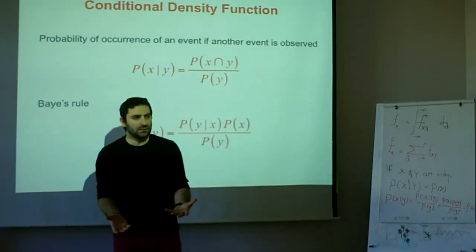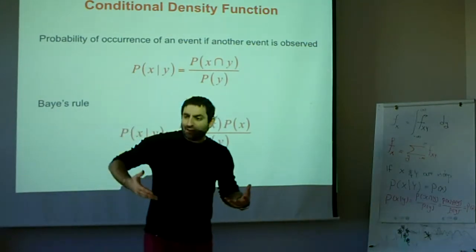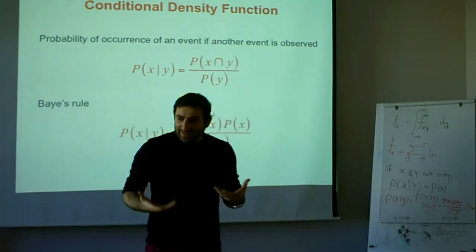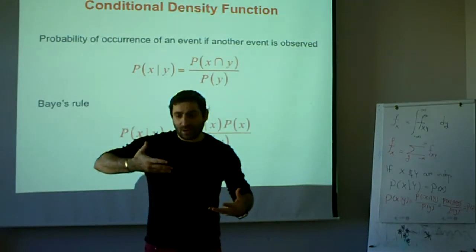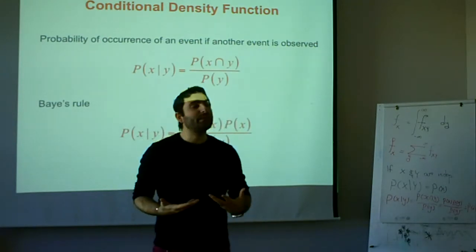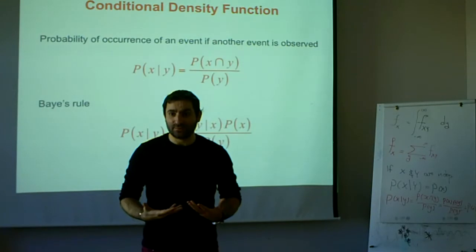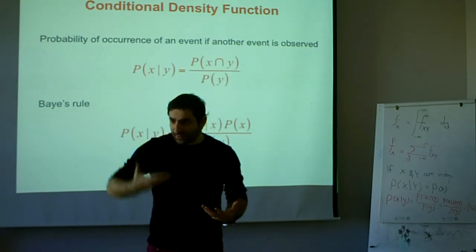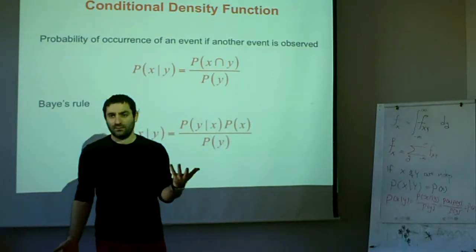It's either odd or even. Now, if X and Y are disjoint, what is the probability of having X if Y has happened? Zero. Because they cannot happen at the same time. So the probability of X if Y has happened, because Y happened, X will not happen: zero.